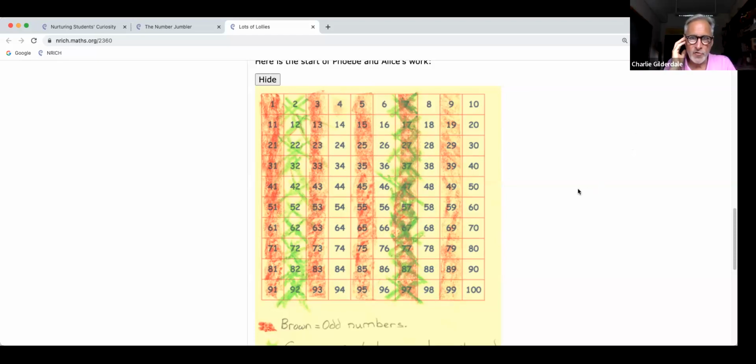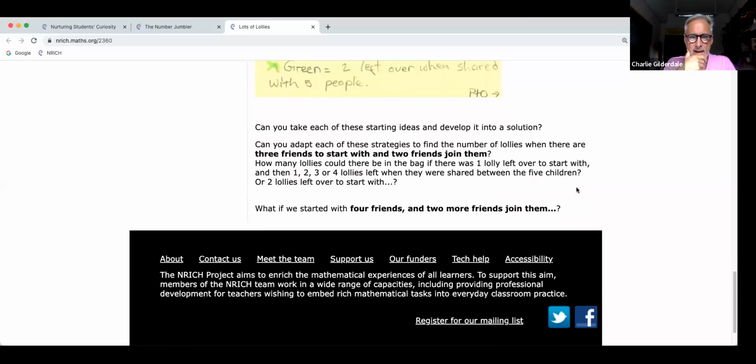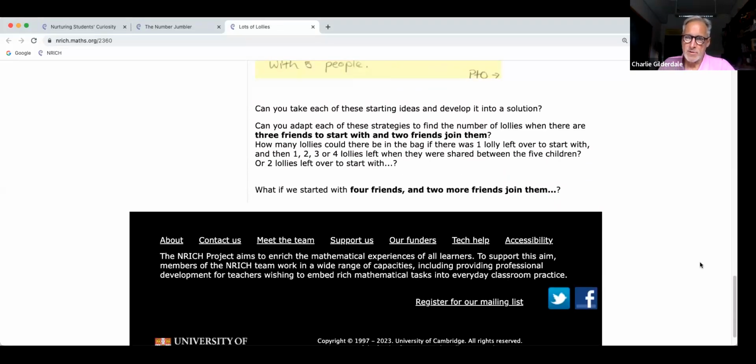Okay, I was thinking, well, would it be possible to work out how many lollies there were if there was 1 left over initially, and then instead of 2 left over when you have 5 children, you had 3 left over or 4 left over? We were just curious about whether there was always a solution.